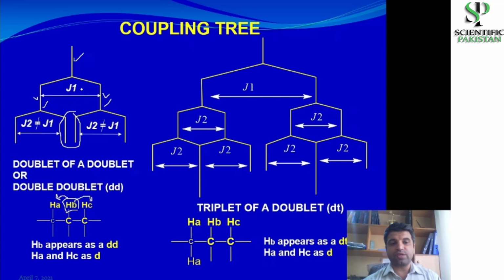So if, for example, this splitting is 8 hertz and this splitting is 6 hertz, let's analyze it. Half of 8 is equal to 4, right? So you bring the center down here. This distance from the center to this line is equal to 4 hertz. Now to have a splitting of 6 hertz because of HC, these lines have to move 3 hertz to the left and to the right.